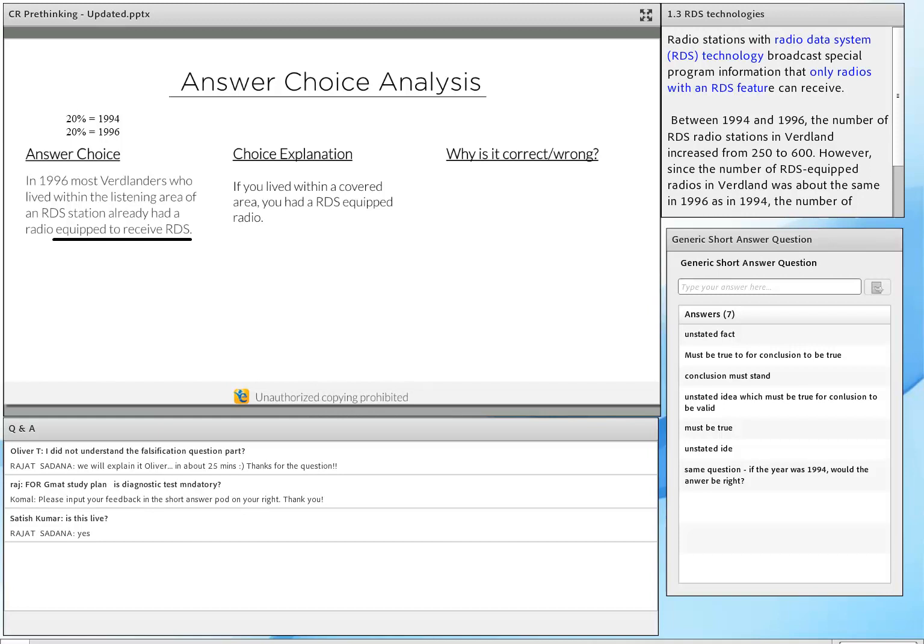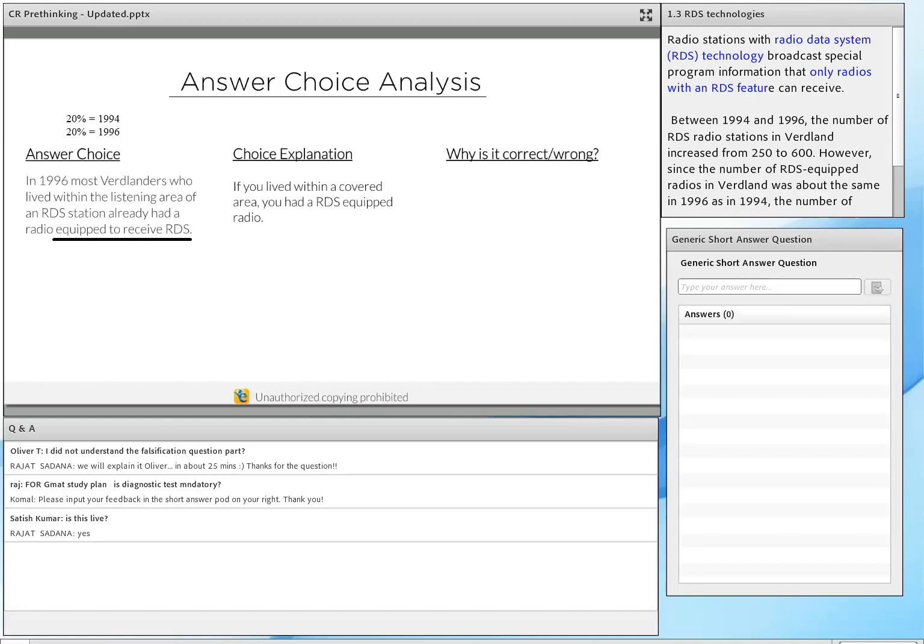Can everyone visualize this? Remember, I asked you to visualize the conclusion early on. If 20% of the people received special programming in 94, in 96, it's also 20%. Now, tell me, for that conclusion to hold true, is it required?